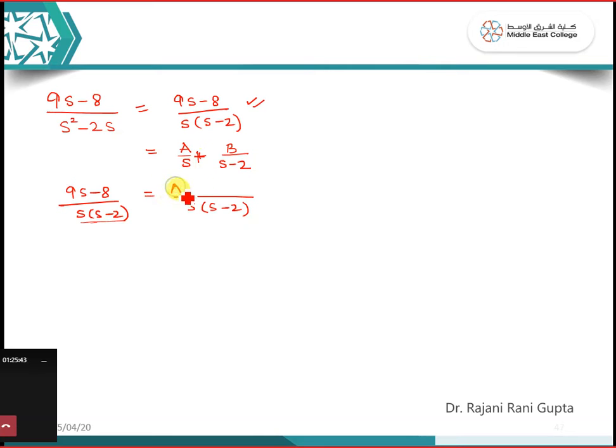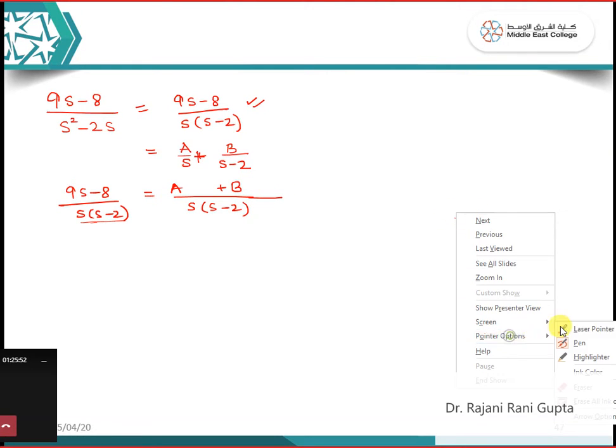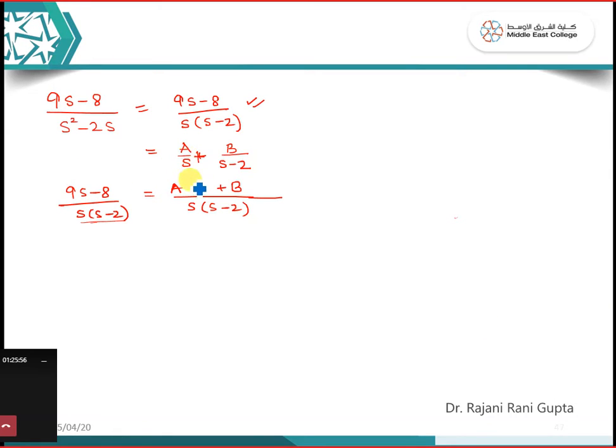Okay, so we are looking for a term to be multiplied with a and b. What will be the term that should multiply with a and b? You can see that in the denominator of a you have s already there. So you are left with s minus 2, that comes here. Below b you already have s minus 2, so you are left with s.